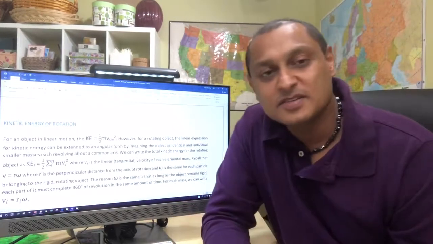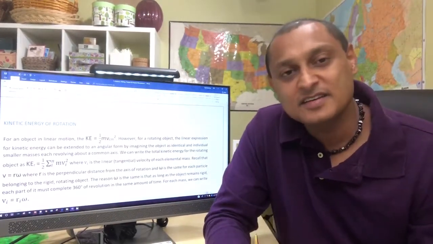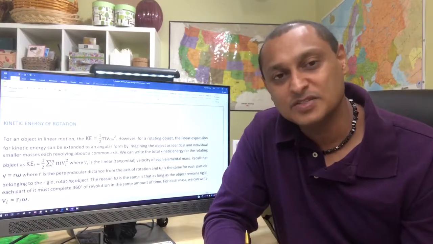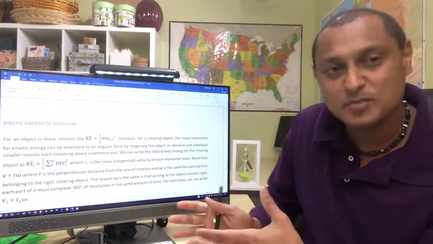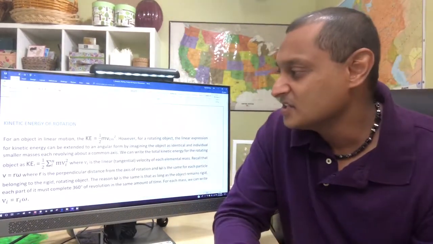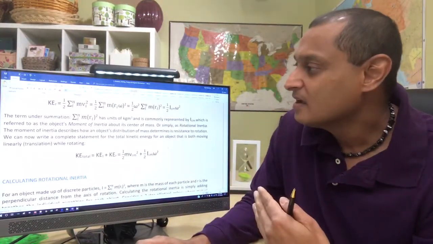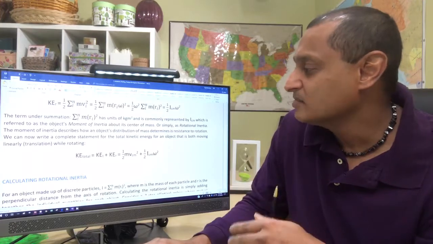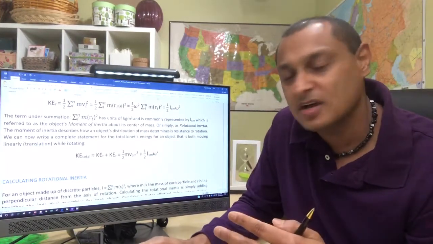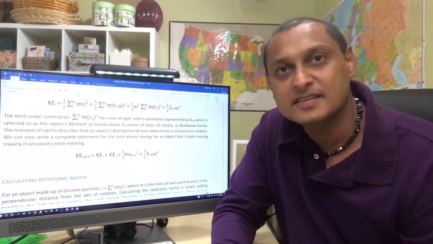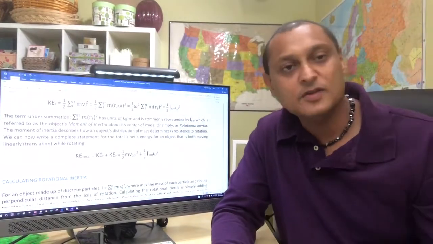Kinetic energy of rotation. Much like the kinetic energy of the center of mass of linear motion, there's also a counterpart here, which is the kinetic energy of rotation. We derive the kinetic energy of rotation, and from that stems the concept of the moment of inertia. Moment of inertia is analogous to mass in linear measure.